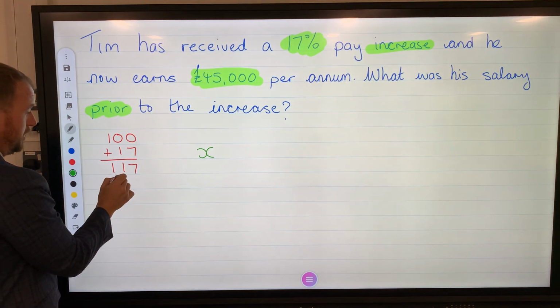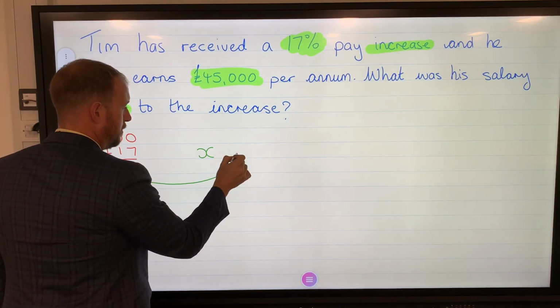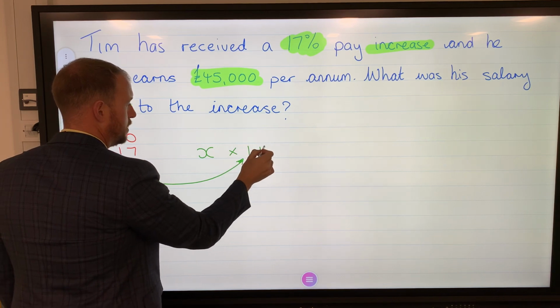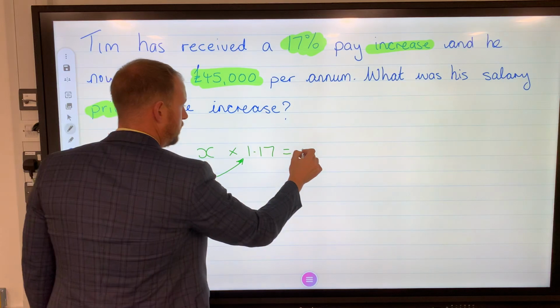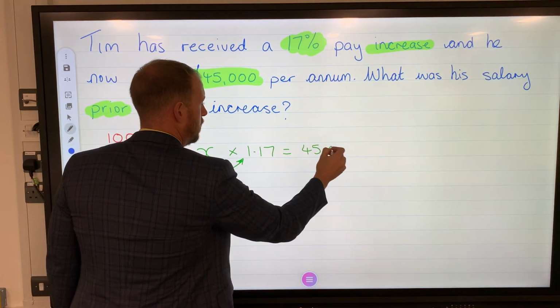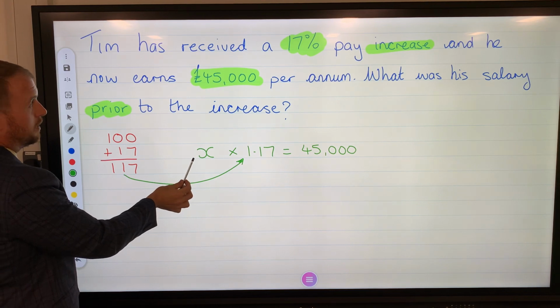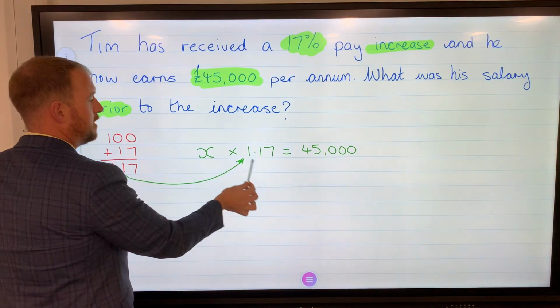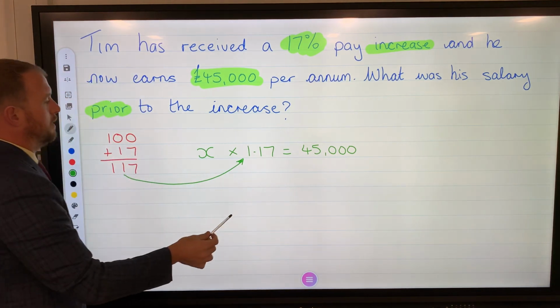So with this now, we need to convert that into a decimal. Remember, multiply. X times 1.17 equals £45,000. So we had his previous salary increased by 17% and he now earns £45,000.